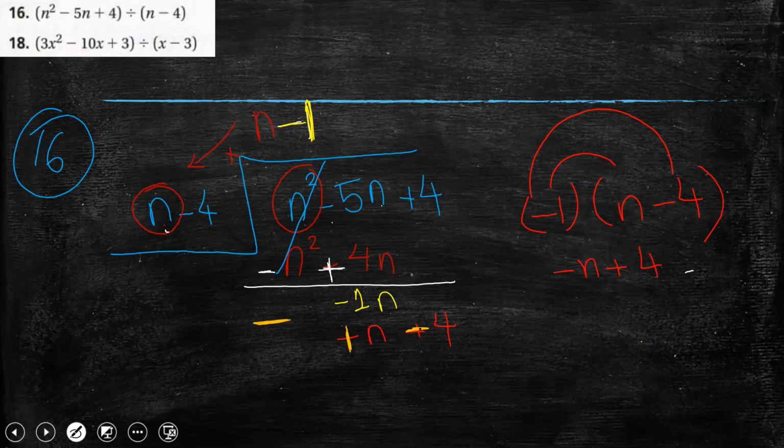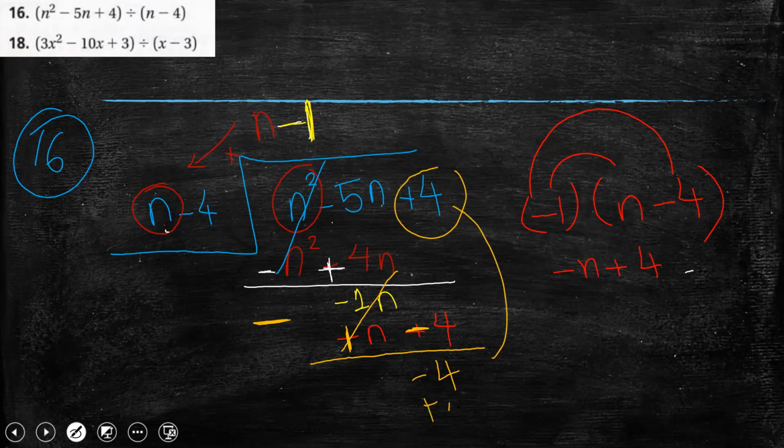Then -1n plus 1n, they cancel each other. Is it right? Yes. So what do you have now? You have -4, and then you put down the +4, and the remainder here is 0.